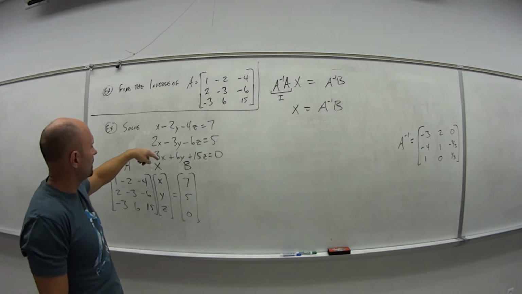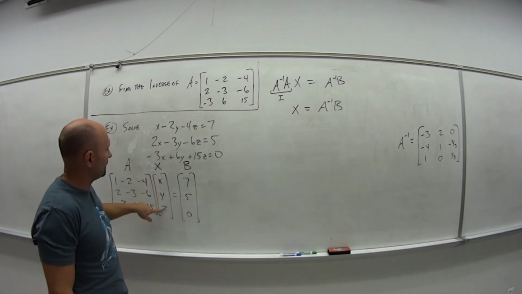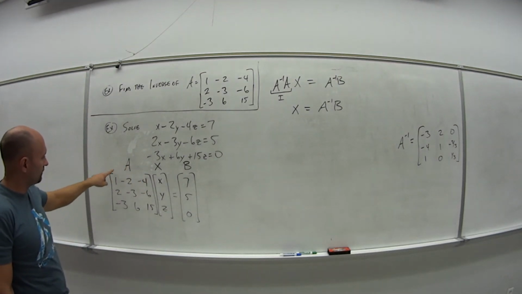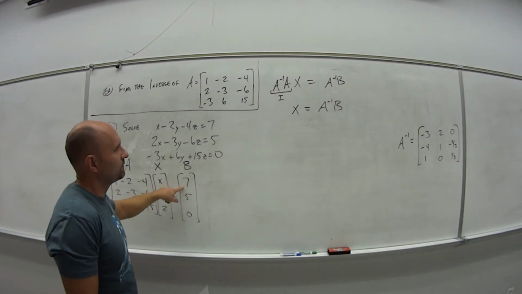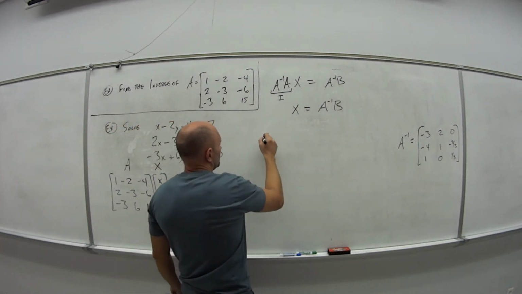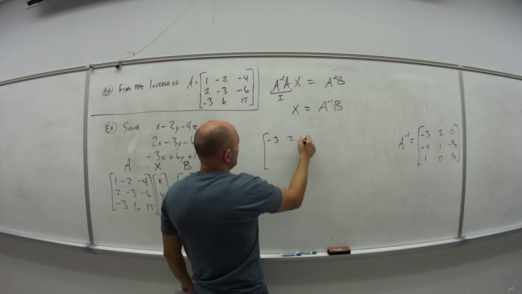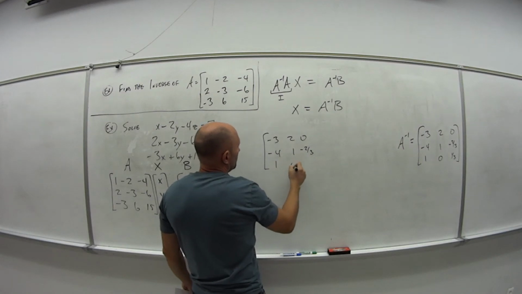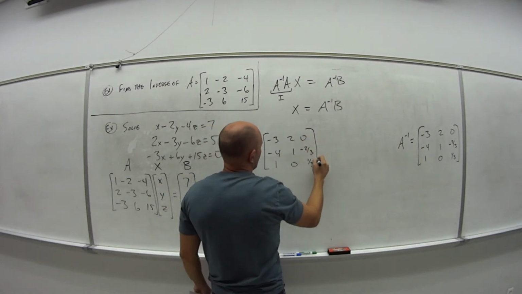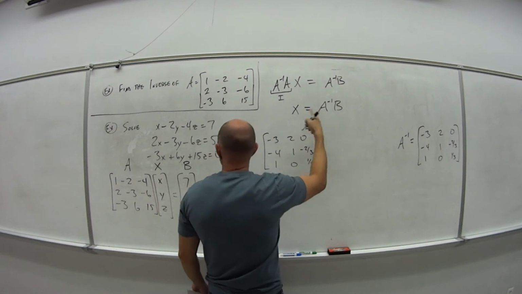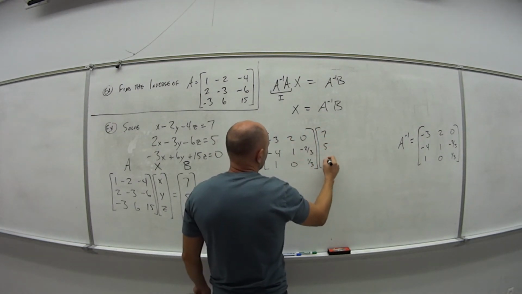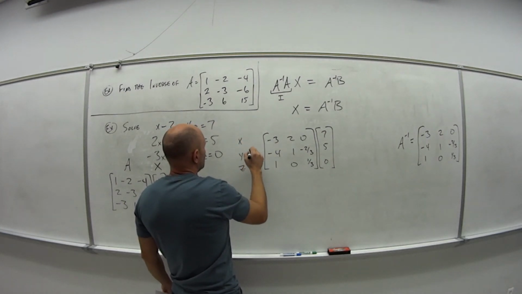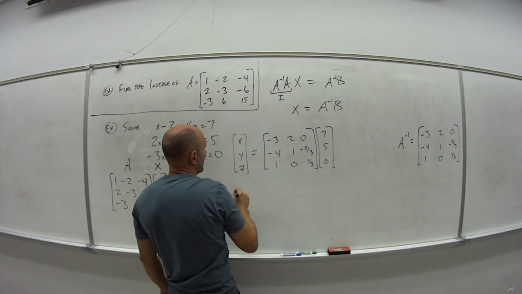So if I want to know my x, y, and z, I simply take the inverse of this matrix and multiply it times B. I figured out the inverse matrix: negative 3, 2, 0, negative 4, 1, negative 2/3, 1, 0, 1/3. If I multiply this by B, which is 7, 5, 0, this will give me my values for x, y, and z.